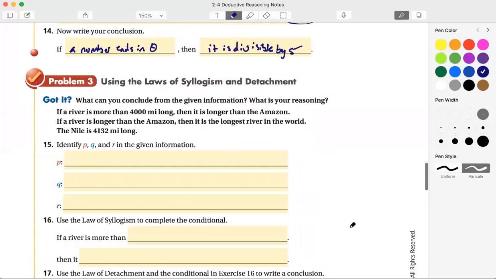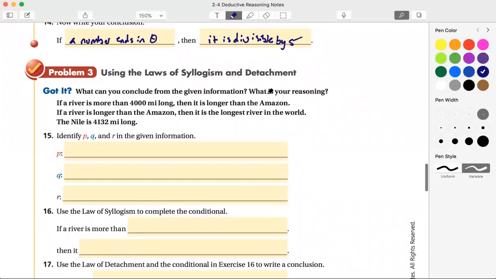All right, let's see if we can put these all together now. What can I conclude from the given information, and what is my reasoning? If a river is more than 4,000 miles long, then it is longer than the Amazon. If a river is longer than the Amazon, then it is the longest river in the world. The Nile is 4,132 miles long. So P, a river is more than 4,000 miles long.